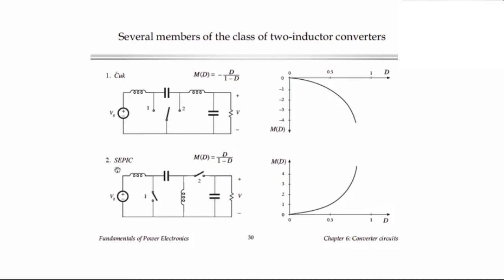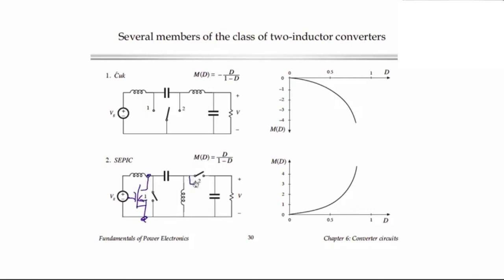The transformer isolated version of the SEPIC was invented in Bell Labs in the 1970s, and they call it a single-ended primary inductance converter, whose initials are SEPIC. It turns out to be a non-inverting buck boost converter, and it actually finds quite a few applications.